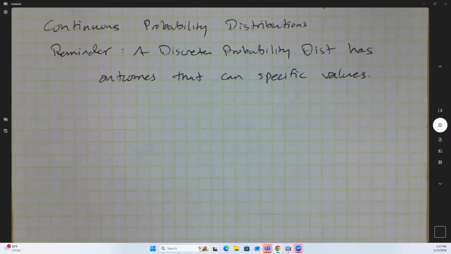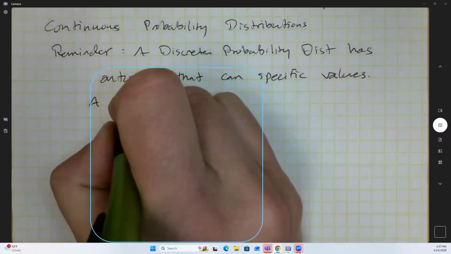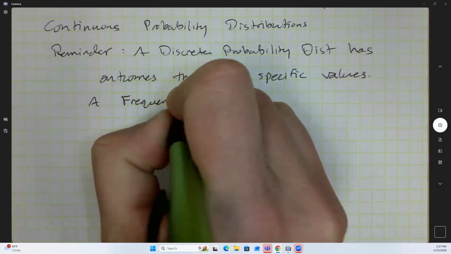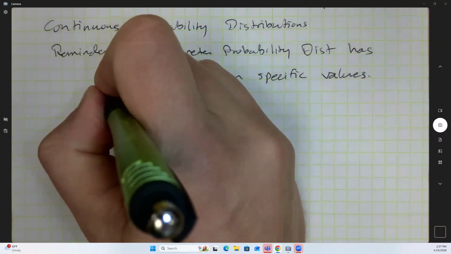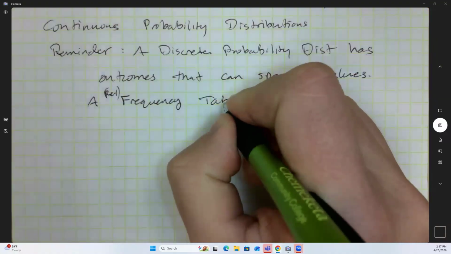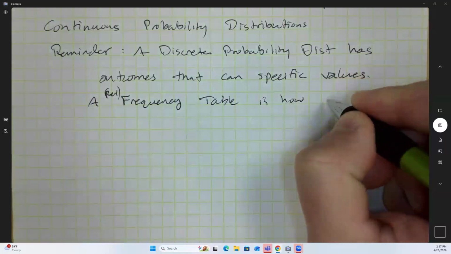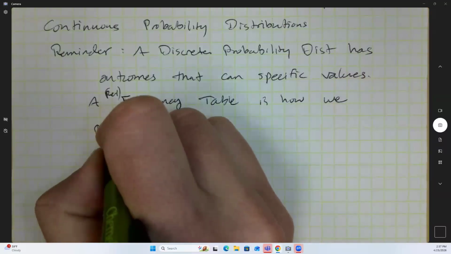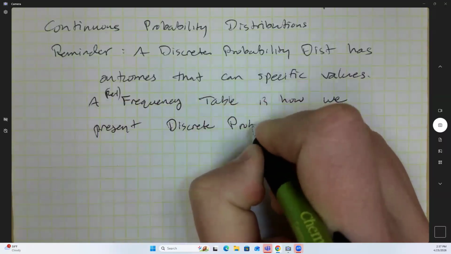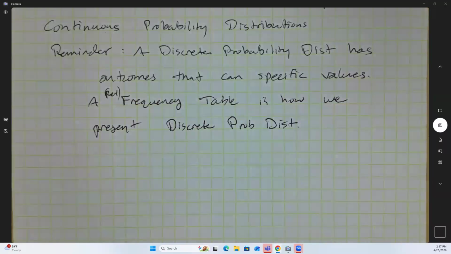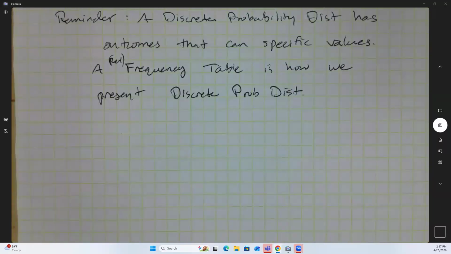Exactly, a frequency table, right? I think it's technically a relative frequency table because they're probabilities. So a relative frequency table is how we present discrete probability distributions. And that makes sense because a table is good when you have a limited set of specific values. Doesn't work so well for a continuous probability distribution.